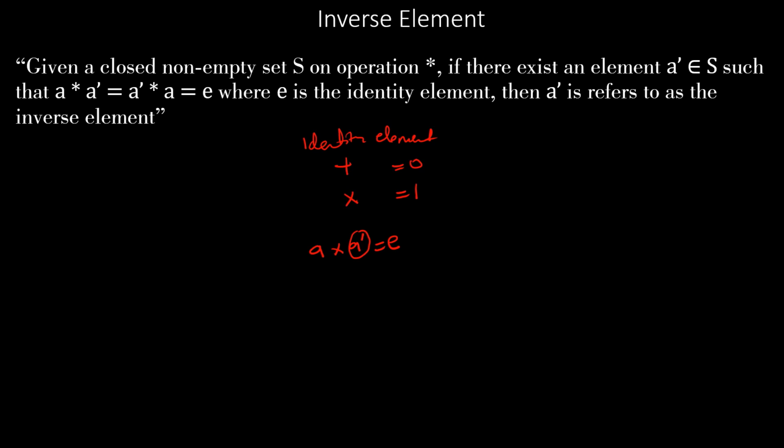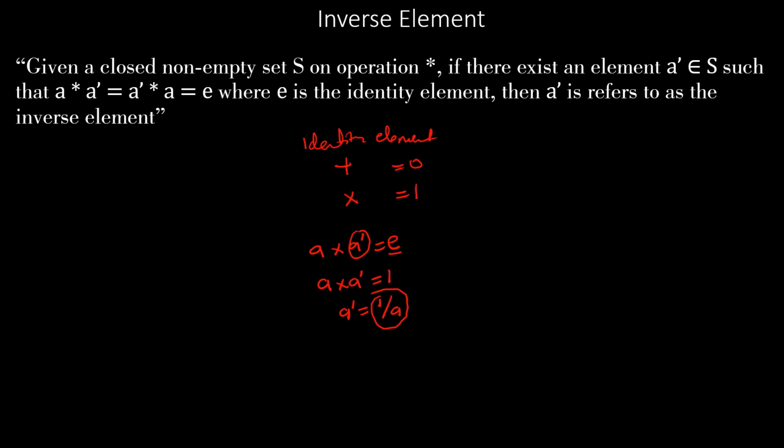For example, if you have an element a multiplied by a prime and this is equal to e, which is the identity element under multiplication, and that is 1. So looking for a prime here, we have a prime equal to 1 over a. So then we refer to 1 over a as the inverse element of multiplication.